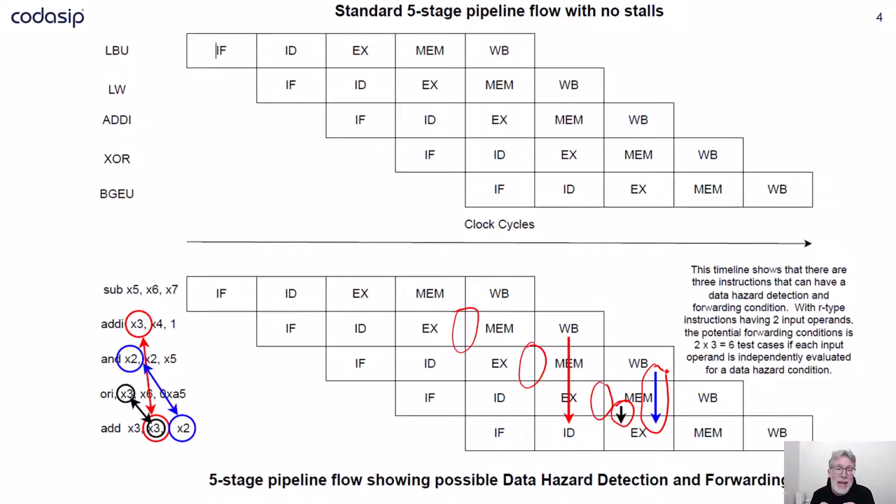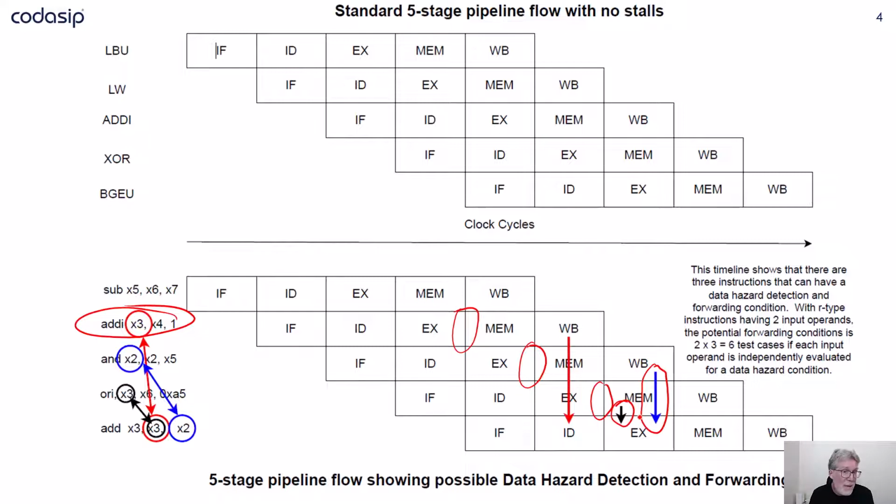And it's going to be doing the data forwarding right into the execute stage through a mux in front of the ALU, and that's how you're going to be able to do those 2 forwardings from one of those two pipeline stages. But if our data dependency is 3 clock cycles back, for example, this add-I here, we have a special case of data forwarding because the data doesn't exist in the pipeline in that instruction anymore.